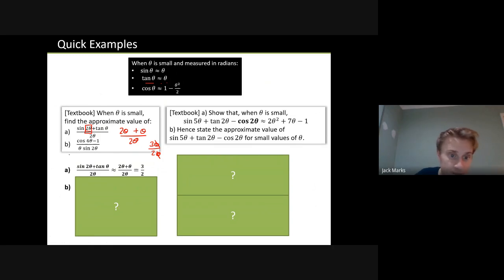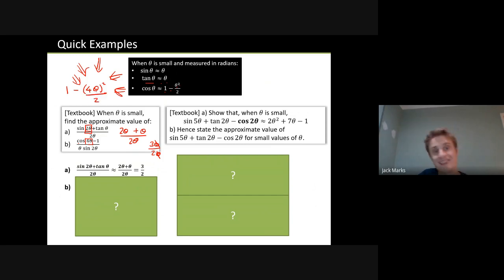For B, let's have a go. Cos of thing is approximately 1 minus thing squared over 2, and it must be like this. I'm stressing this because it's such a common mistake. You do not need to make this mistake. Substitute the thing that's in the position of theta for the thing that's in the position of theta, please.